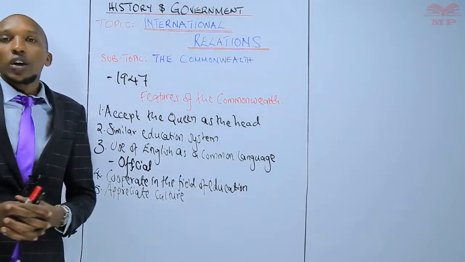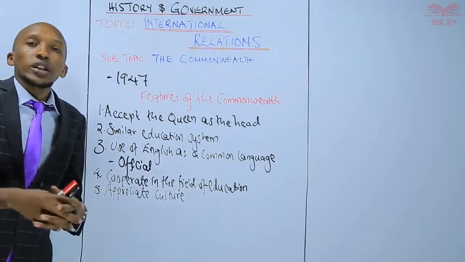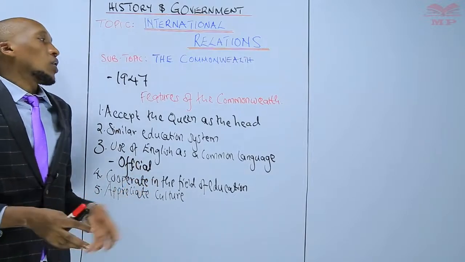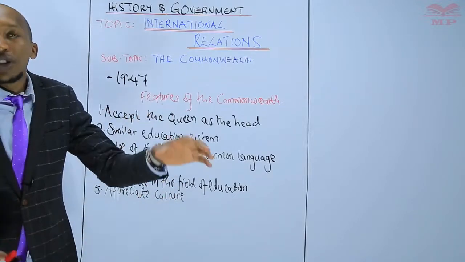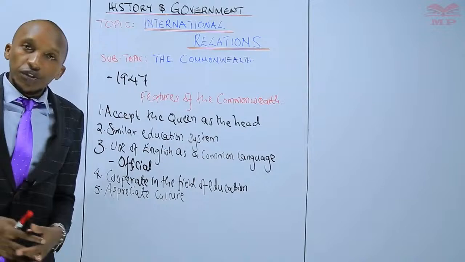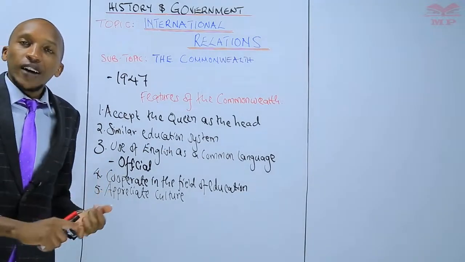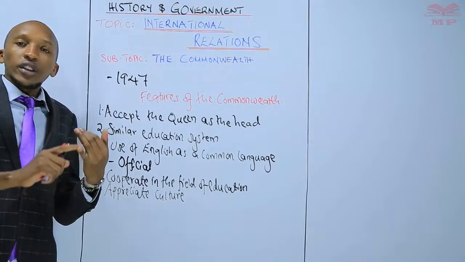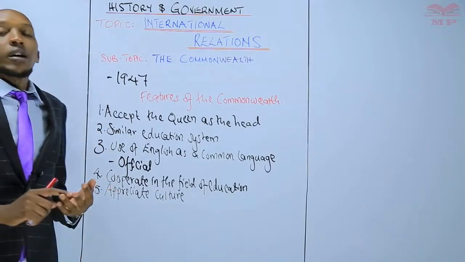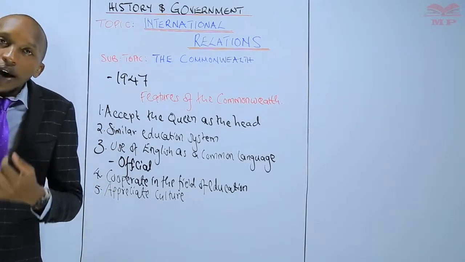As we mentioned in our previous lesson, there are so many countries or members of the Commonwealth who are drawn from different regions. For example, in Africa, we have members of Commonwealth in West Africa, in East Africa, and in South Africa.